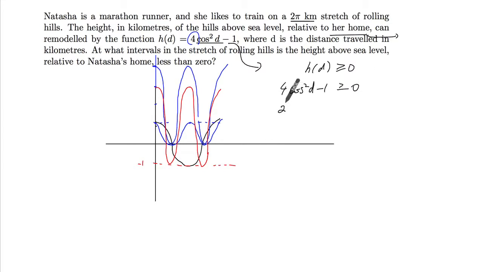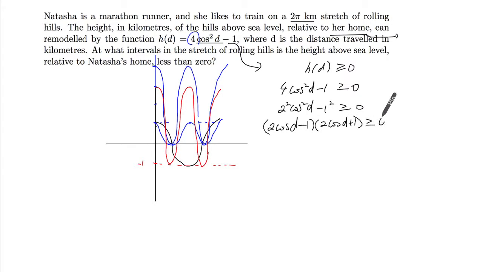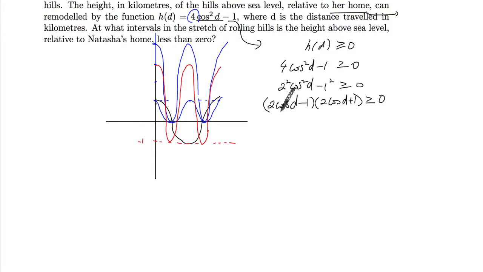This is 2 squared cosine squared d minus 1 squared, so it's factorable to 2 cosine d minus 1, 2 cosine d plus 1. So we're trying to find out when these two values are both positive or both negative.